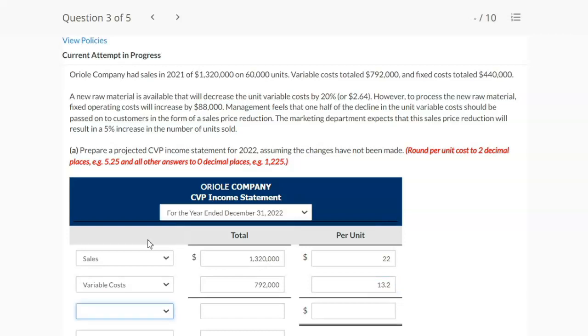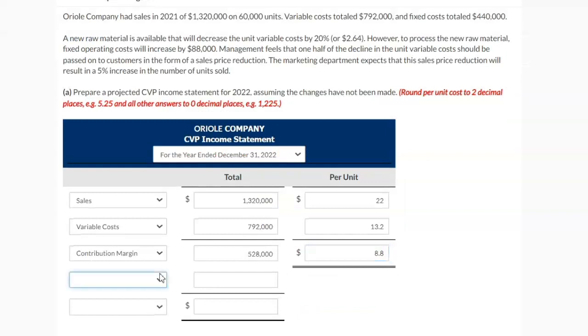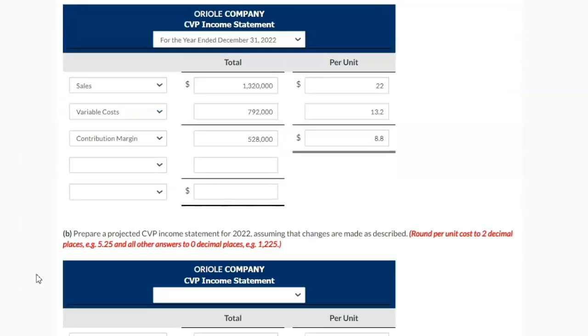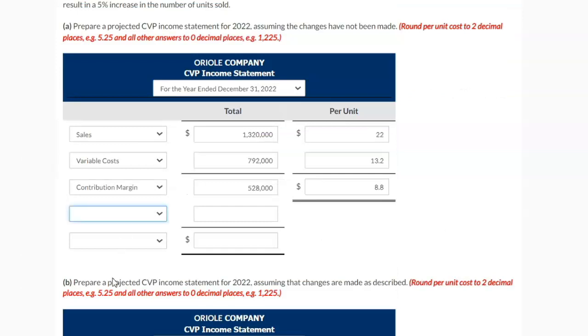And what's next? Contribution margin. Subtract: 1,320 minus 792 is 528,000. So also that can be 22 minus 13.2. Now fixed cost.